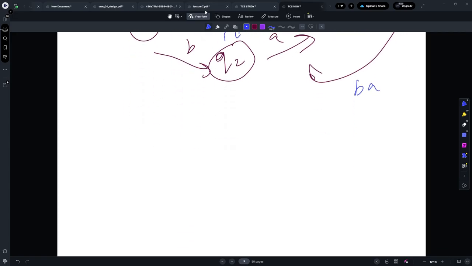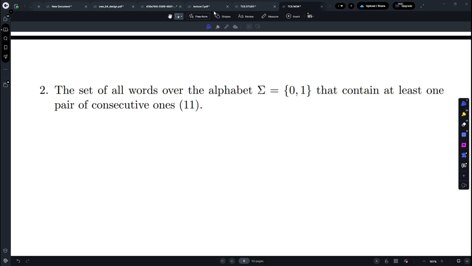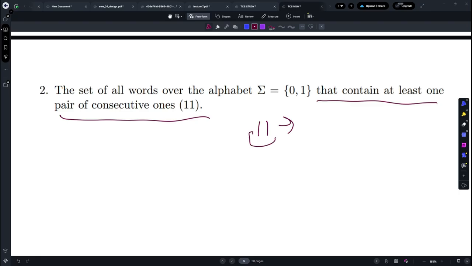Considering that, you must understand that it's trying to say that it contains at least one pair of consecutive ones. And what that's supposed to mean is that it's the same thing as trying to say that it contains at least one pair of 1 1. So 1 1 is included and it's consecutive.